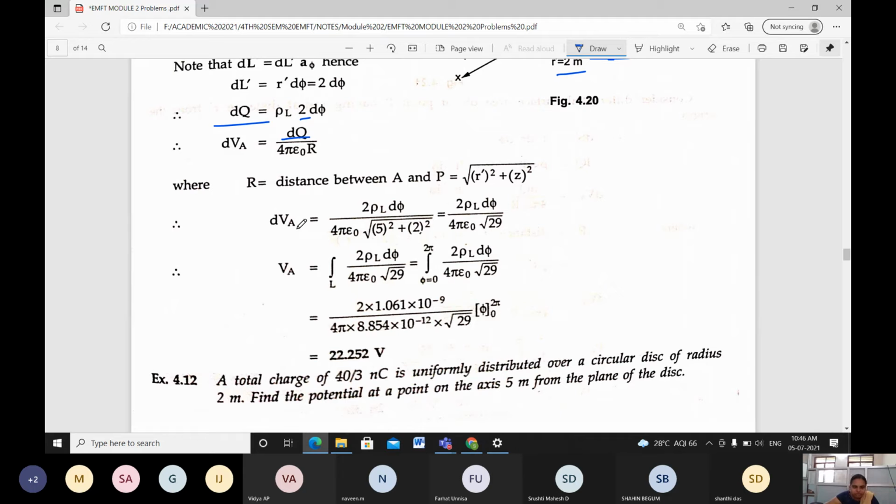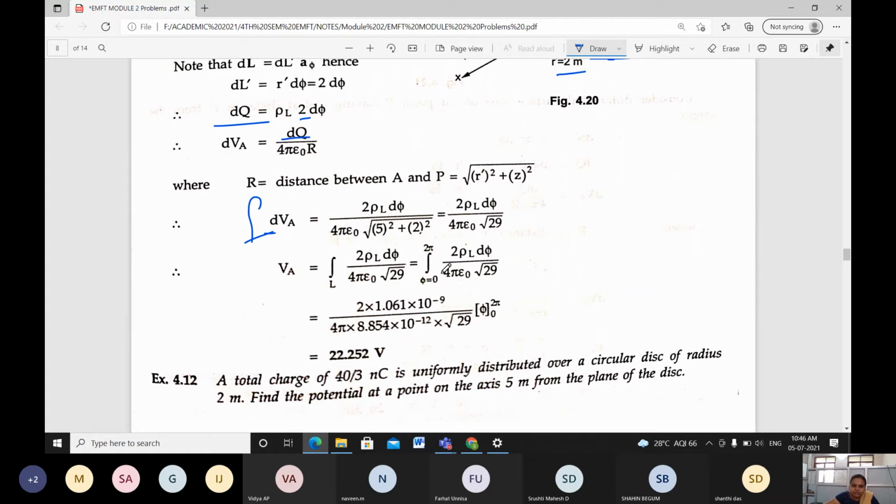Therefore VA is going to be equal to, if I integrate both sides, your differential will cancel off. Then you will get the VA value, that is equal to the line integral over L of 2 rho L into d phi divided by 4 pi epsilon naught into square root of 29. What is the value here? The phi is going to be, in the general way, from 0 to 2 pi. 2 into rho L into d phi divided by 4 pi epsilon naught into square root of 29.